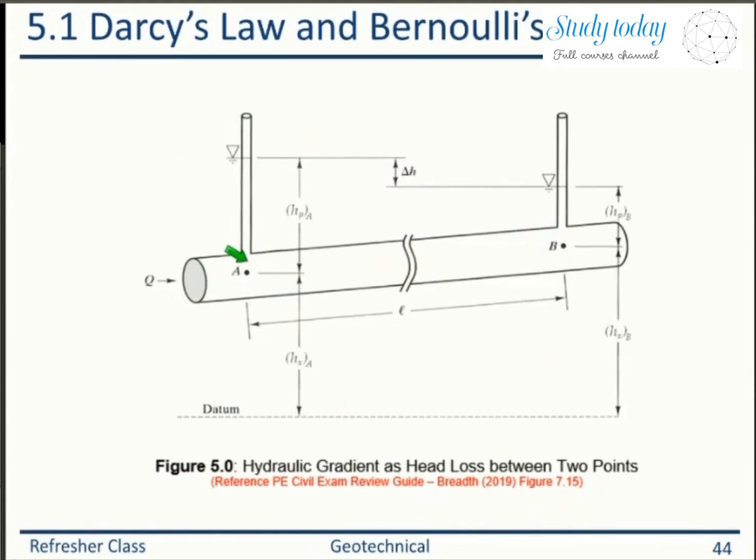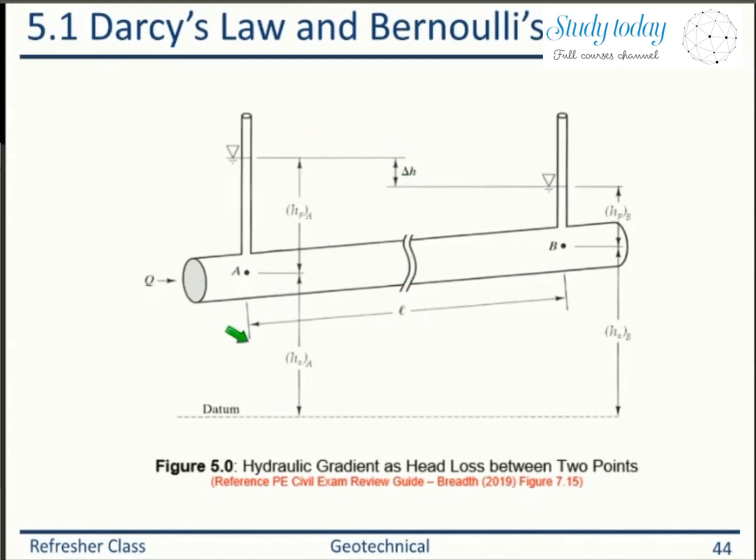If you insert a piezometer, which is a meter that reads the water level at that particular point, let's say the water rises there in the piezometer, and if you insert a piezometer at point B, let's say the water level rises there too. Then we know the change in total head divided by the length between the points of interest, in this case point A and point B, will give you the hydraulic gradient.